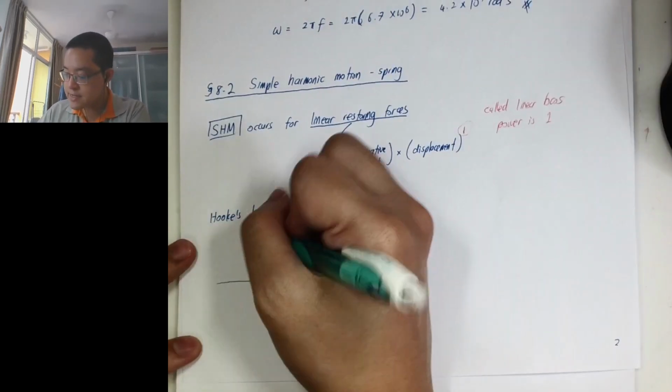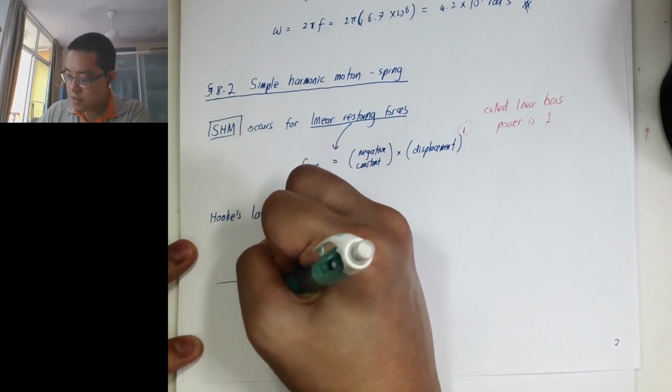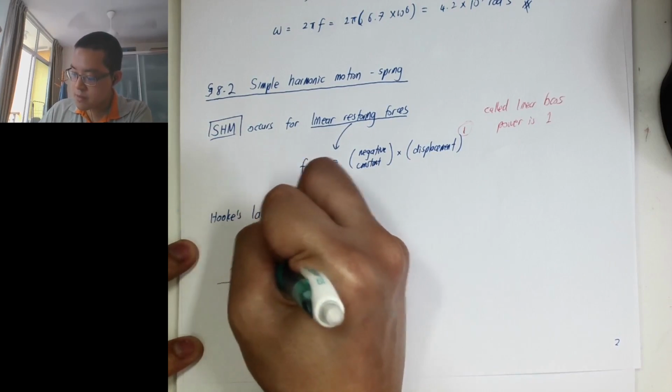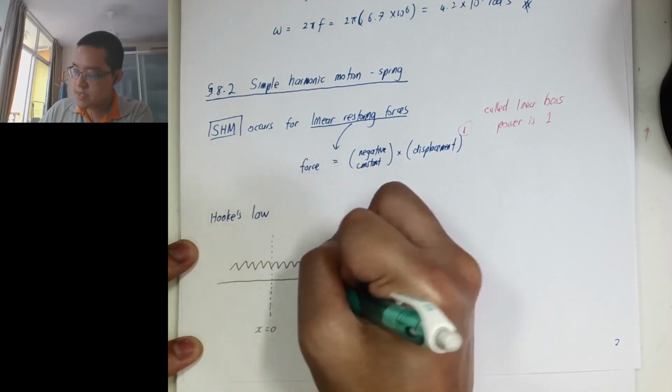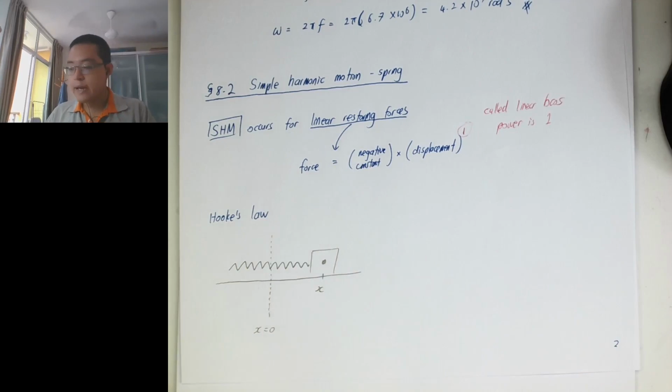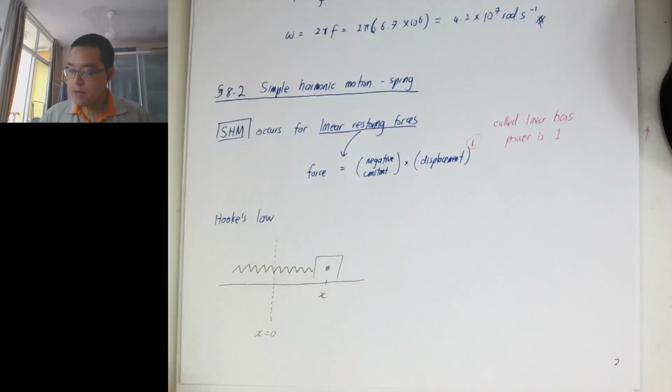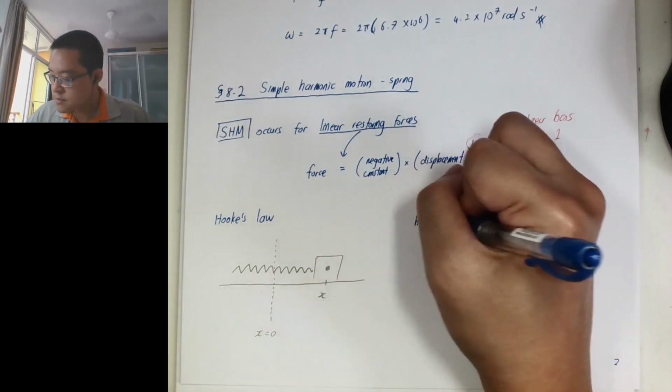Let's say this is the equilibrium position, x equals 0, and I have a spring, so this is some position x. Then what is the horizontal force acting on this object? We can draw the free body diagram.